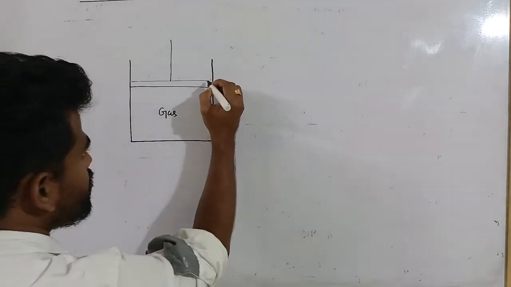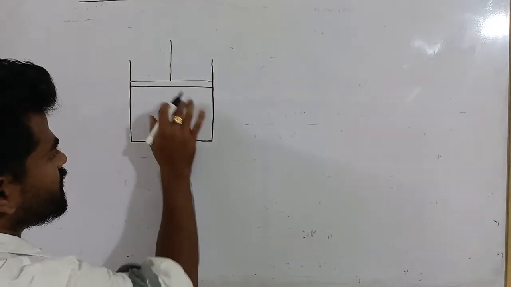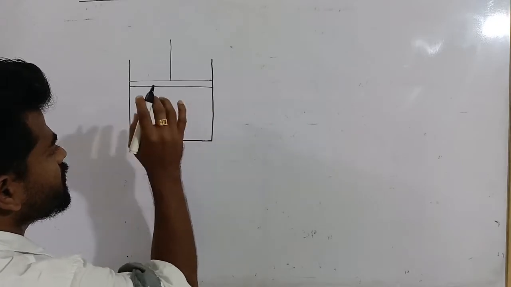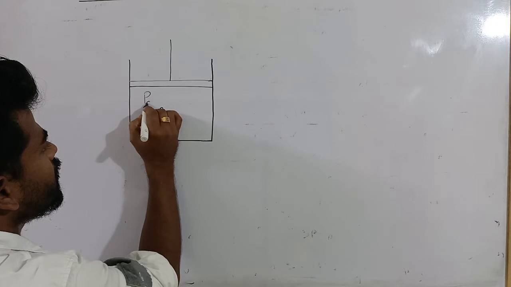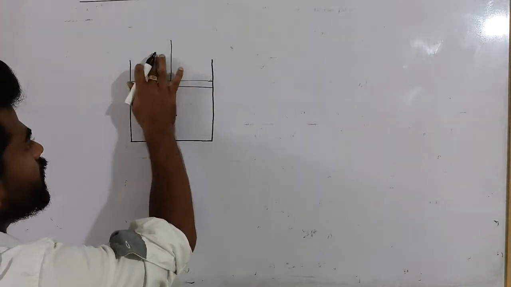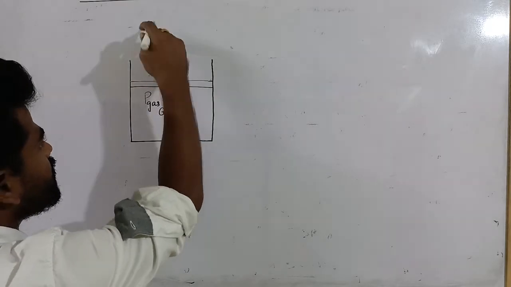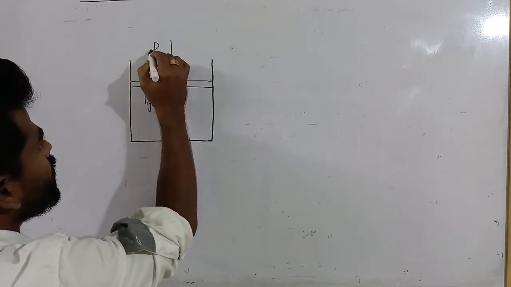The gas inside the container has some pressure, that is P gas, the pressure of the gas. Outside there is also a pressure, the external or atmospheric pressure, that is P external.